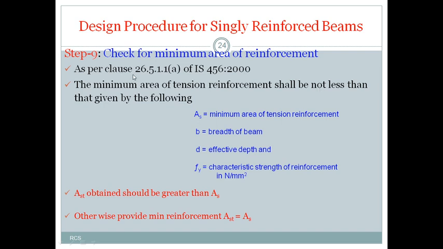As per clause number 26.5.1.1a of IS 456-2000, the minimum area of steel shall not be less than the following: As by bd equal to 0.85 by fy. The area of steel which is calculated should not be less than this. So the Ast obtained should be greater than this As, otherwise whatever minimum value you got for As will be provided as Ast.